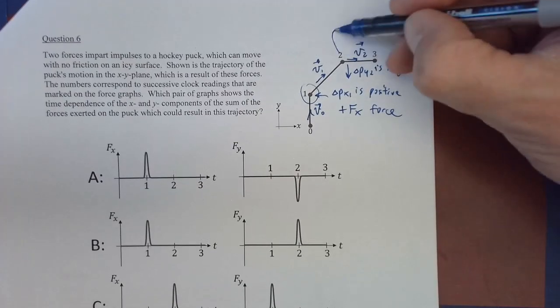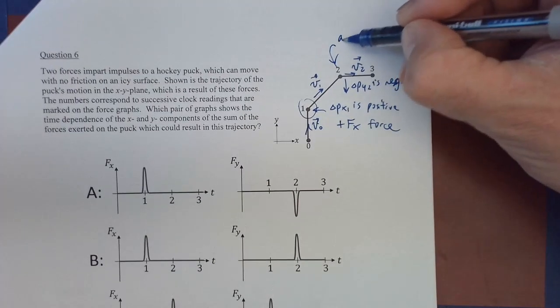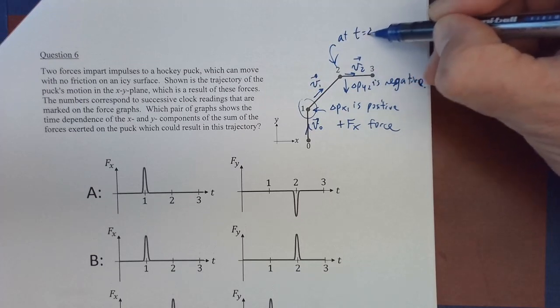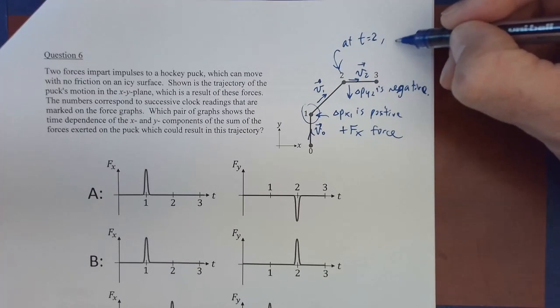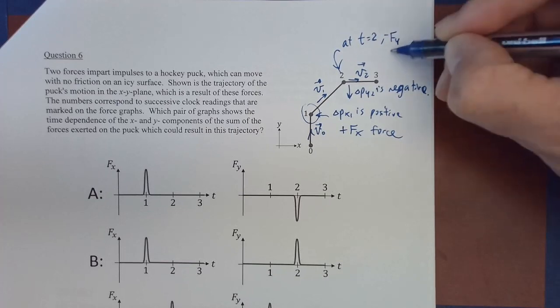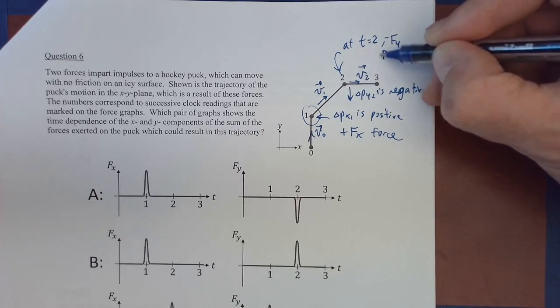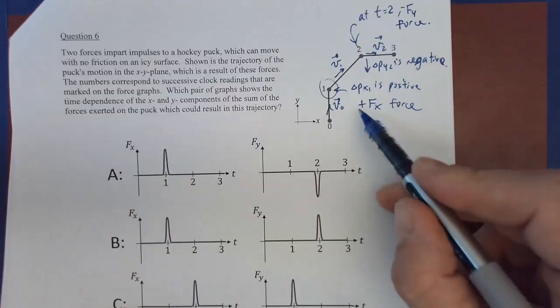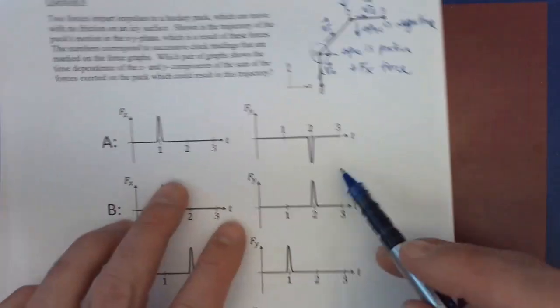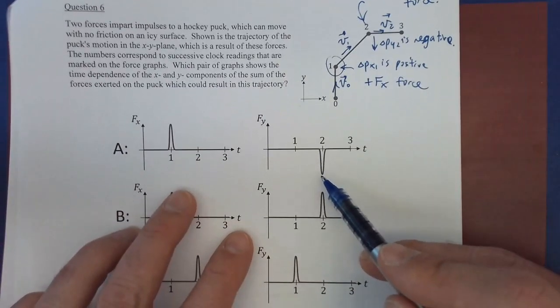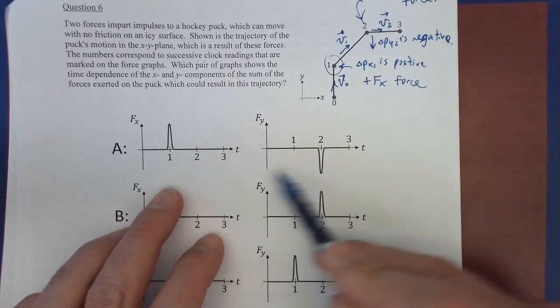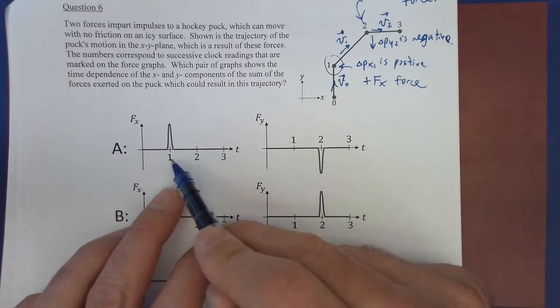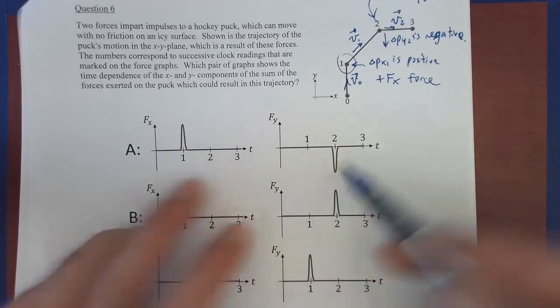So what it means here is that at t equals 2 seconds, there's a negative Fy impulse force. So what we're looking for is at 1 second, a plus force, and then at 2 seconds, a negative Y force. And nothing from the Y at 1 and nothing from X at 2, actually.